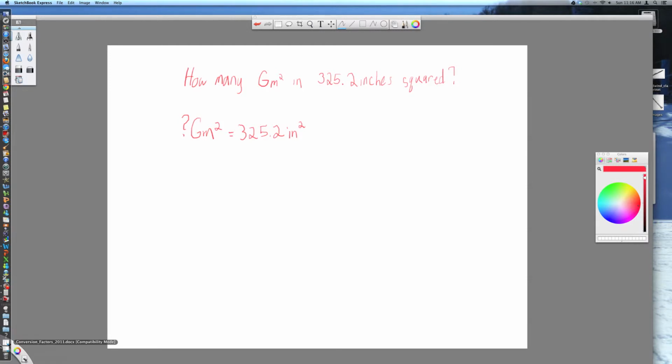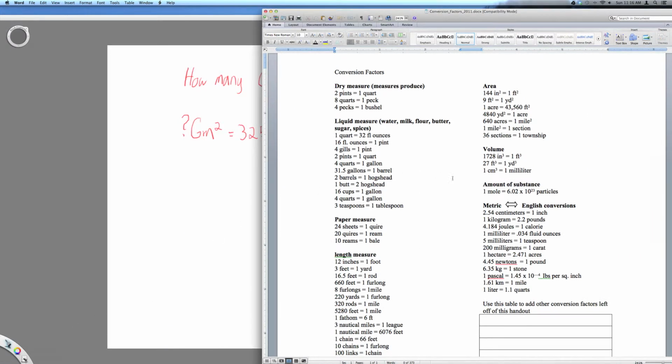And when we look at our conversion factors sheet, we see right here that 2.54 centimeters equals 1 inch. Now, you could also go down here, 1.61 kilometers equals 1 mile. That's going to make the problem a little longer. So because inches, which is involved in the problem, is part of this conversion factor, that's going to help me out. So I'm going to use that definitely.